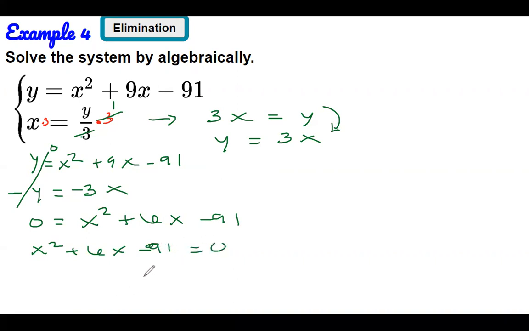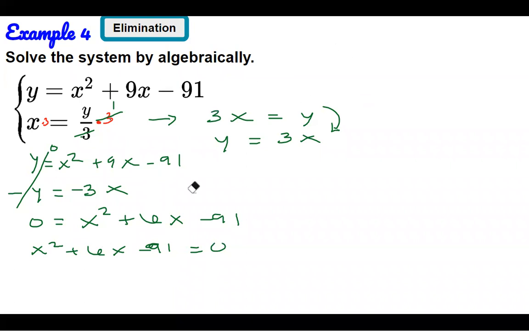Let's go ahead and factor. What two numbers multiply to negative 91 and give you 6 as a sum? If it's too difficult for us to factor, guys, at this point, choose the quadratic formula. Let me go ahead and use the quadratic formula so you guys can see what happens.